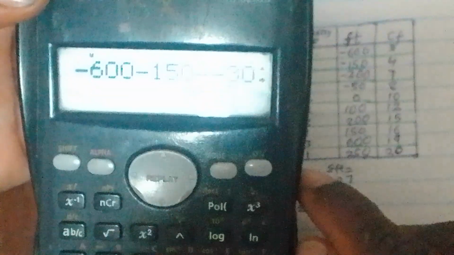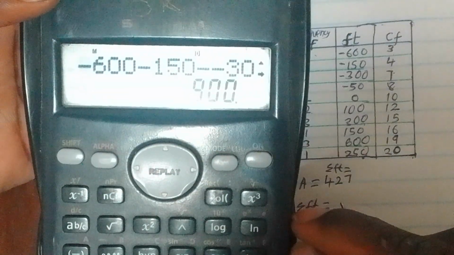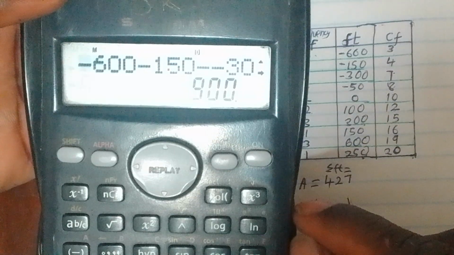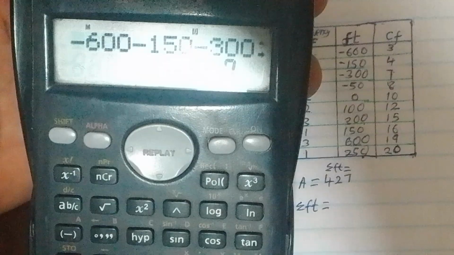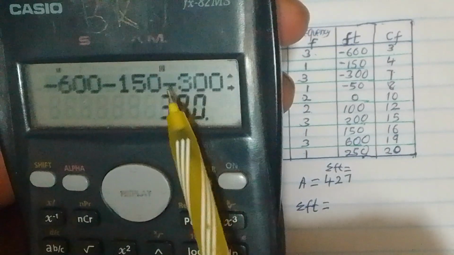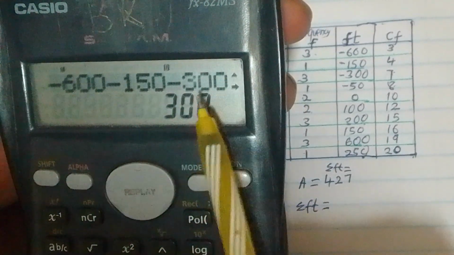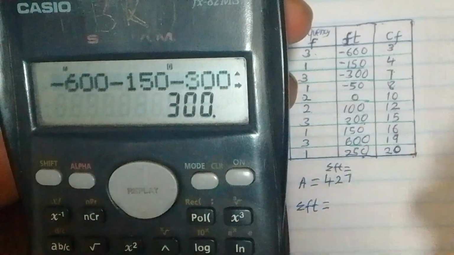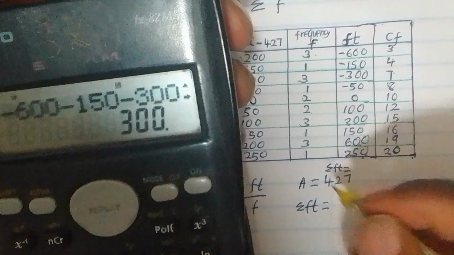Is it 900? Sum of 50. It's supposed to be 300. I think here is where I added minus 300. It's supposed to be minus 300. So we get 300.